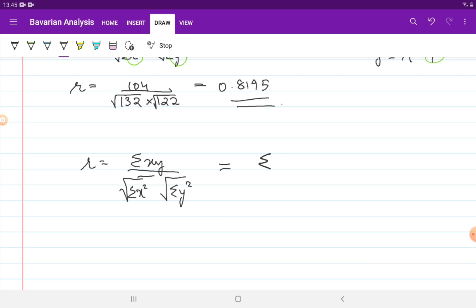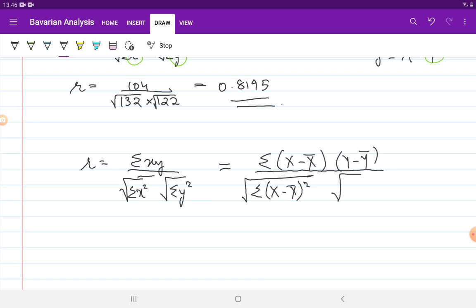So basically this is x minus x bar into y minus y bar in the numerator, divided by the root of summation of x minus x bar square into summation y minus y bar square.